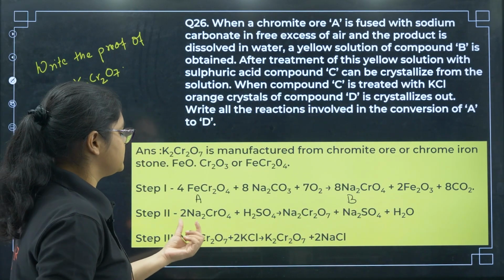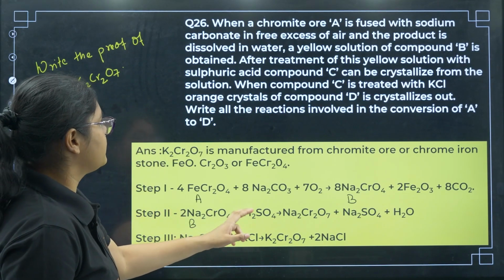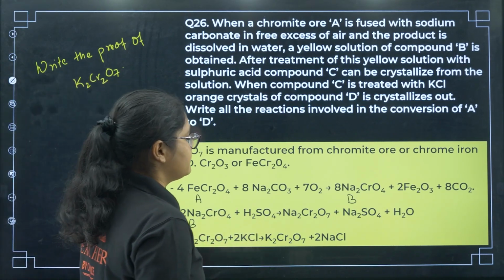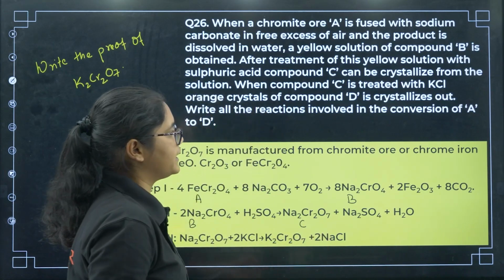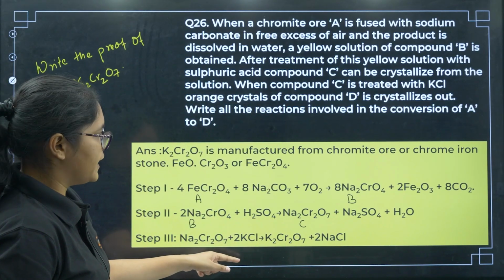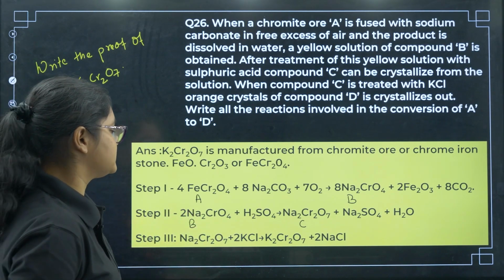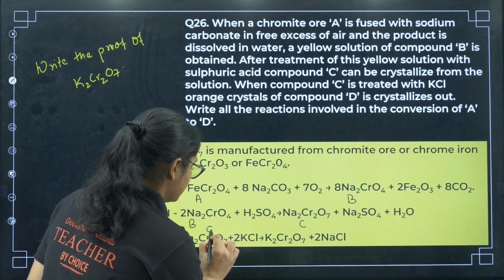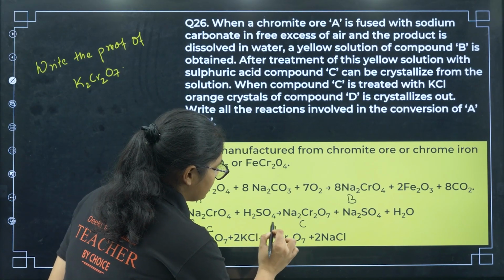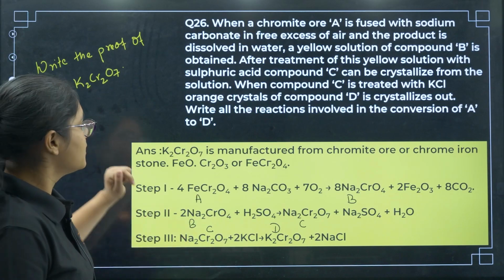After treatment of this yellow solution, that is B, with sulfuric acid, compound C can be crystallized out, which is sodium dichromate. So this is your compound C, and when it is treated with KCl, you get compound D here, okay, and all the reactions are given to you.